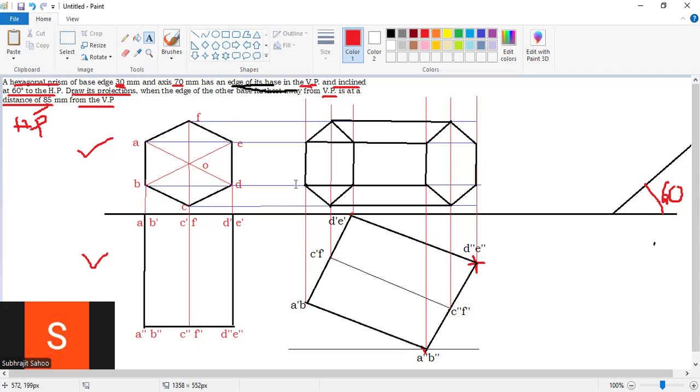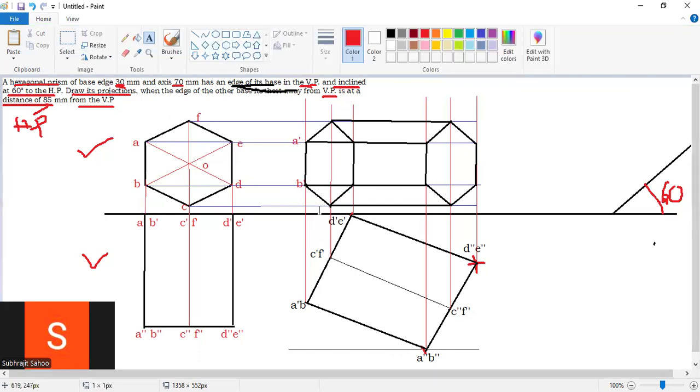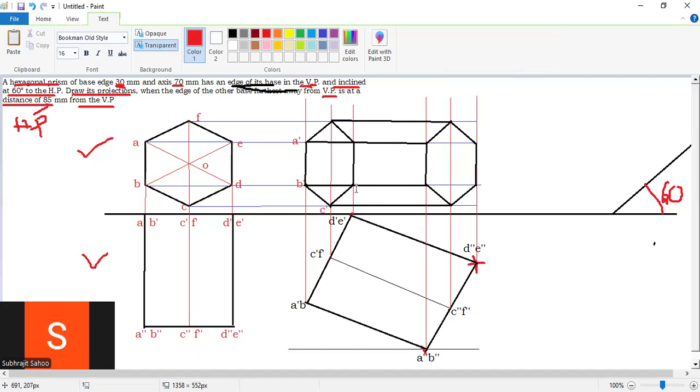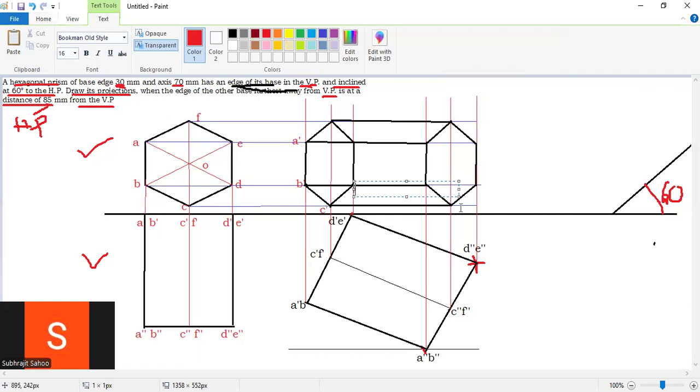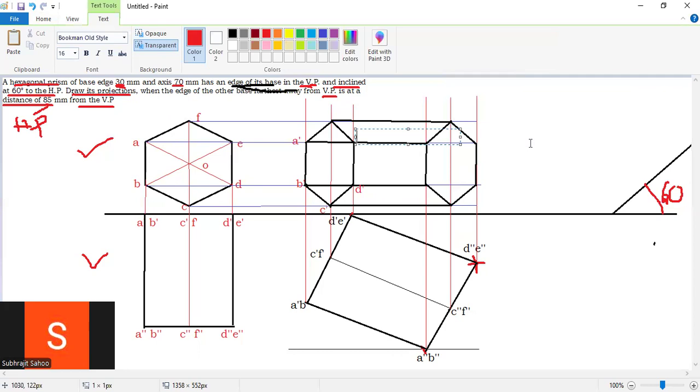This is A dash. This one is B dash and C dash. Any name is fine, it is not compulsory to use these names. Even your own name you can give, no problem, but you cannot write your name here, right? Your name is very long. B dash.